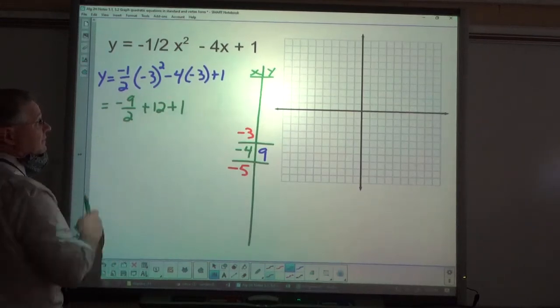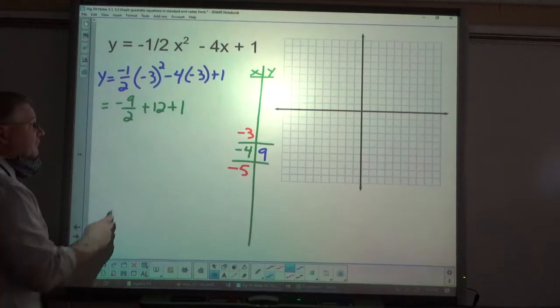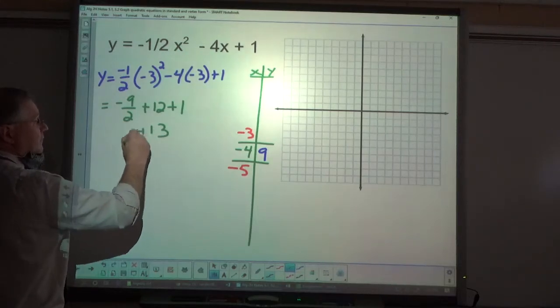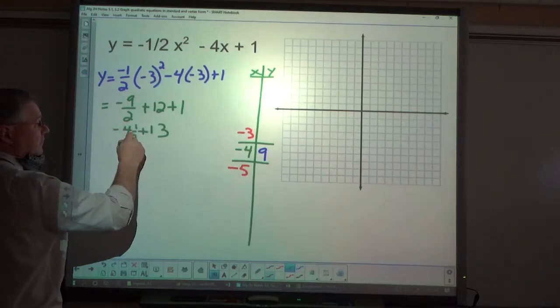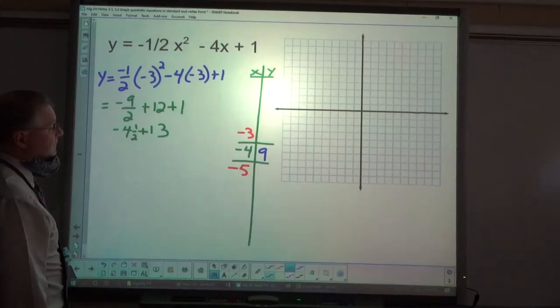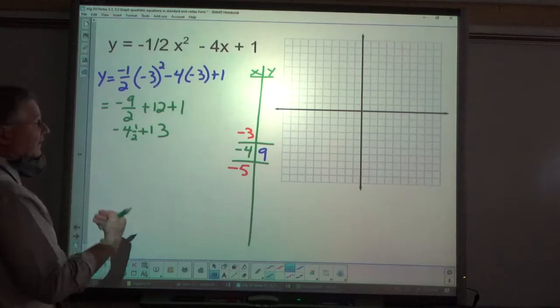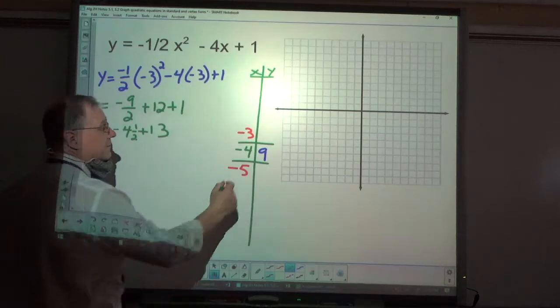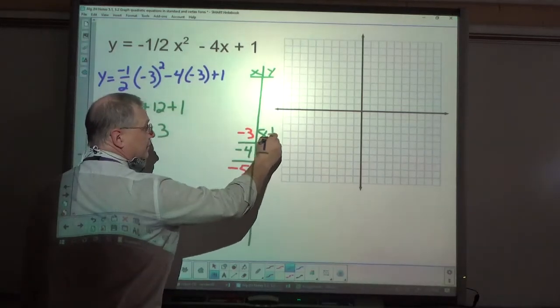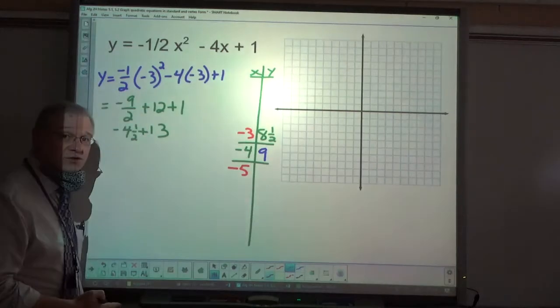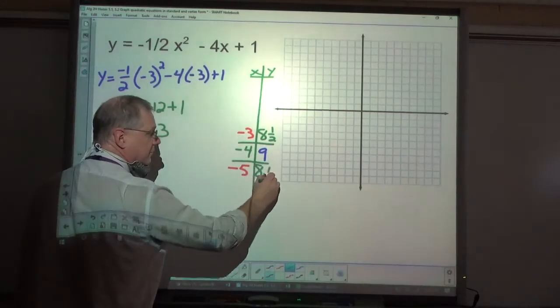Well, 13 minus 4.5. So let's see, if I took 4 away, that'd be 9. So another half would be 8.5. This one should also be 8.5.